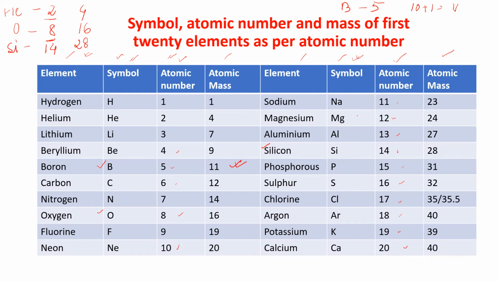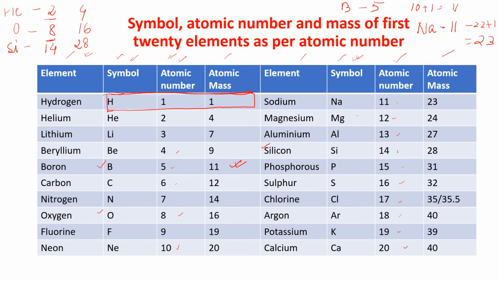Okay, now take any other one. Take sodium. Its atomic number is 11, an odd number. Double it plus 1, so it is 22 plus 1, it is 23. Now there are some exceptions. Hydrogen is a separate one, which you have to remember. Hydrogen's atomic number is 1 and mass number is also 1.